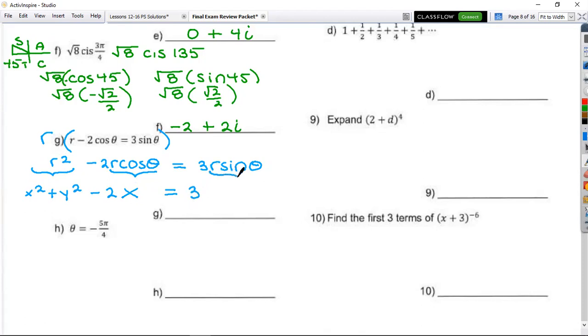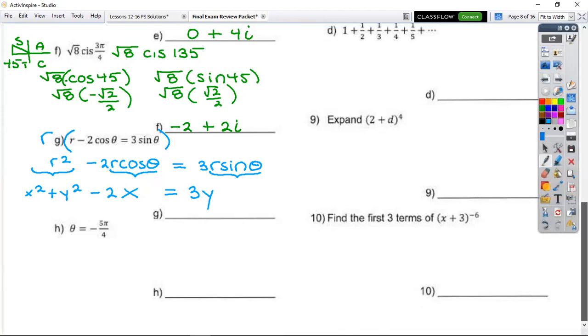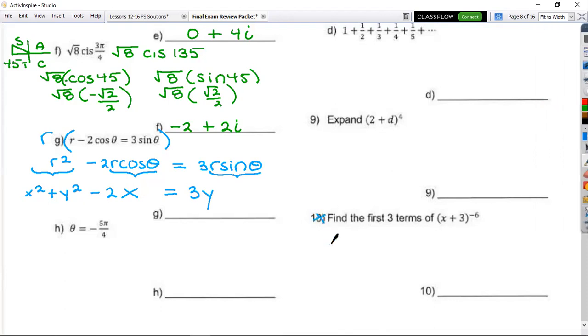And then R sine theta is equal to Y. And you can leave it like that. That's no problem because you've changed it to rectangular. So that would be sufficient right there. All right, so last letter H, and then we'll save the rest of these. But 10, I told you could cross off as well. We didn't do those with negative powers.